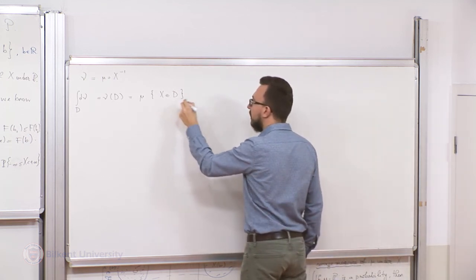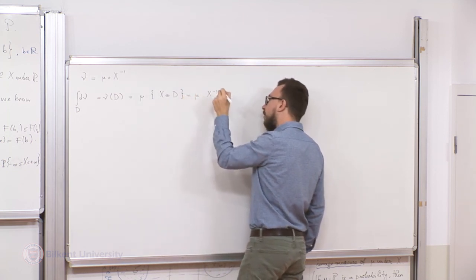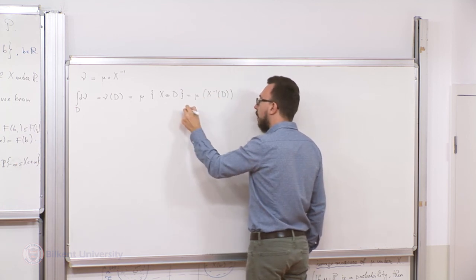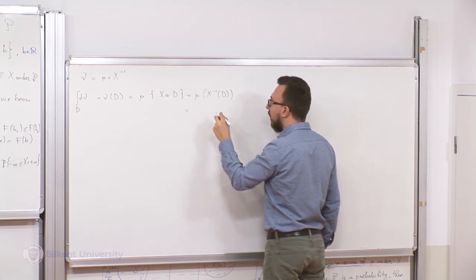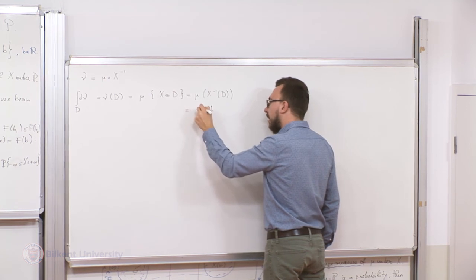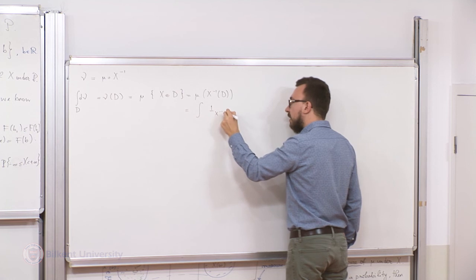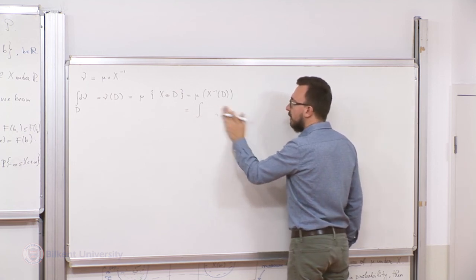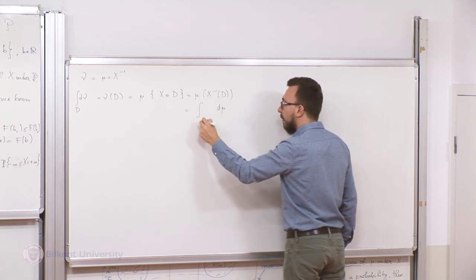And since this is X inverse, X pre-image of D, we can see it as the indicator, the integral of the indicator of X inverse D. Or let me write it this way: the integral with respect to mu of this set.